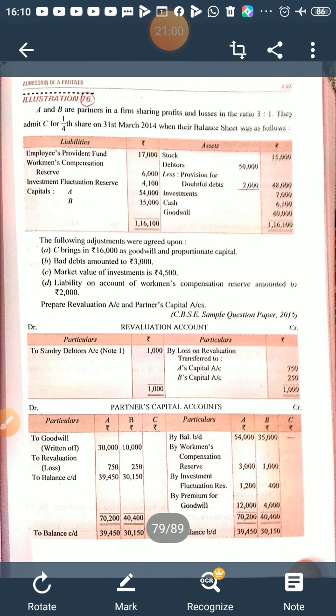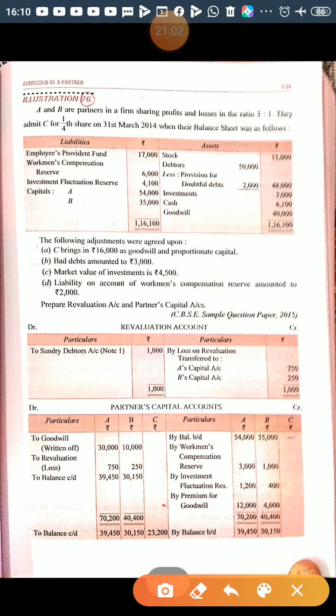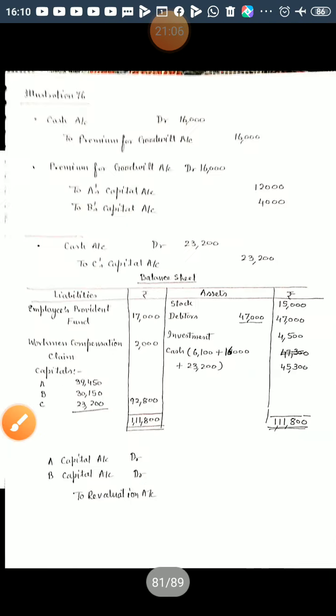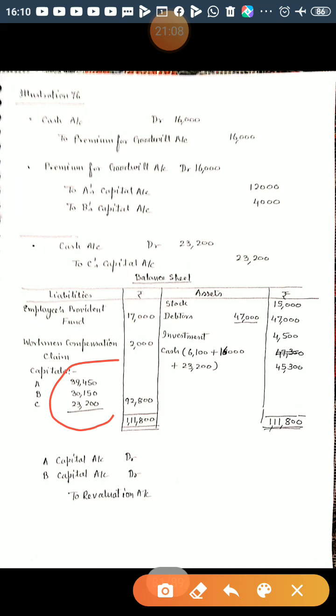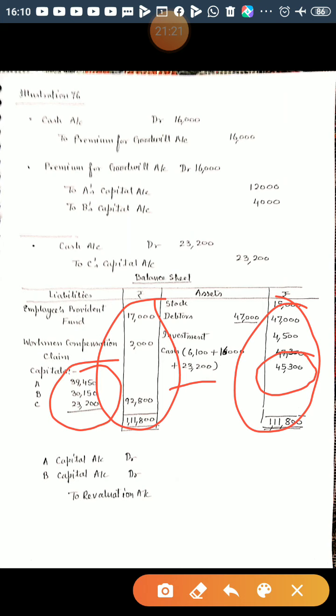This balance will be shown in the balance sheet, and cash, he is bringing 23,200 cash, so the total cash becomes 45,300. Both the sides are equal. If you sum up all the items, it is 1,11,800.